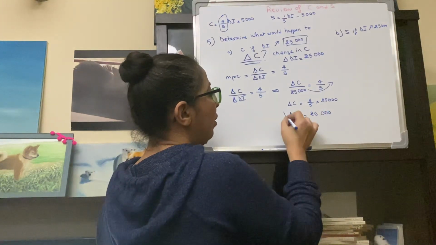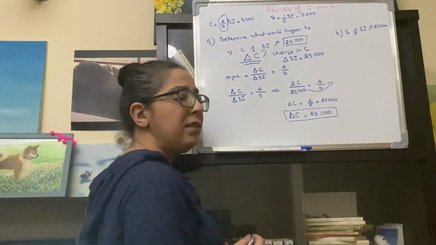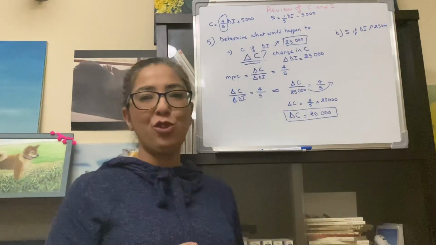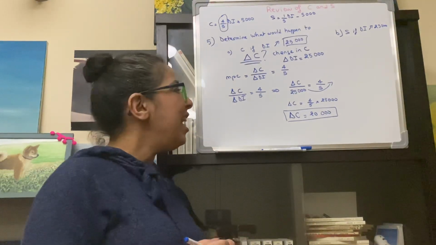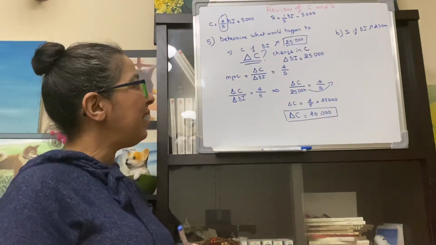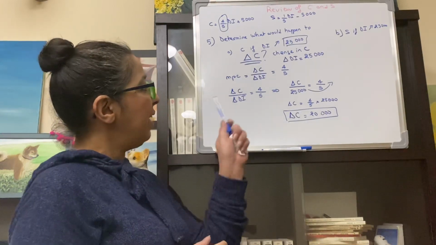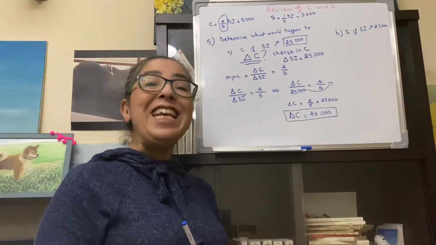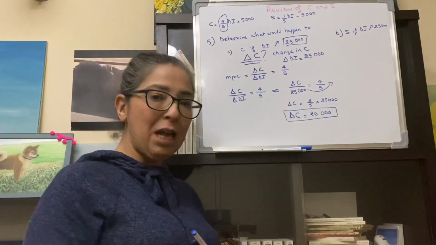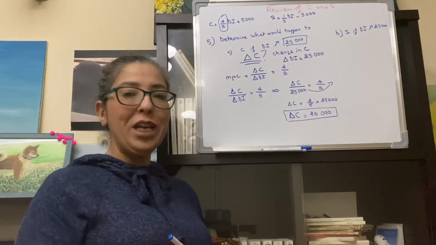20,000. So you did calculate it, but you still didn't answer. Well, it's part of the answer. Now you need to tell me that if I increase the DI by 25,000, I would increase my consumption by 20,000.